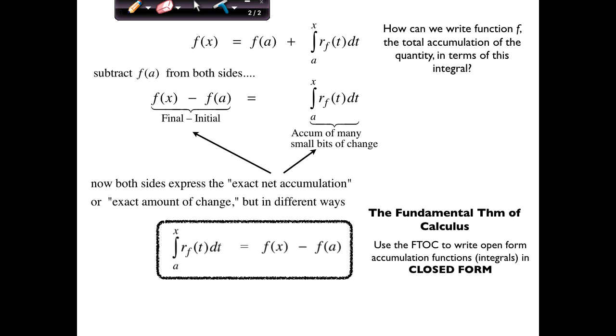And so the fundamental theorem is a huge part of writing closed form. This right-hand side for us is going to be the closed form of this because they're equal. So all we need then is f.